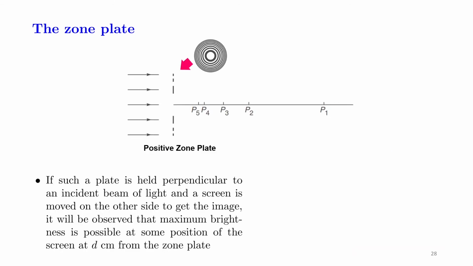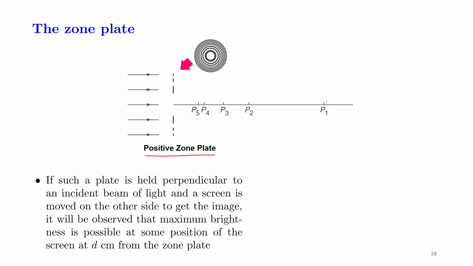In this figure, we have placed a positive zone plate between a plane wavefront and a screen. If such a plate is held perpendicular to an incident beam of light and a screen is moved on the other side to get the image, it will be observed that maximum brightness is possible at some portion of the screen at d centimeter from the zone plate.